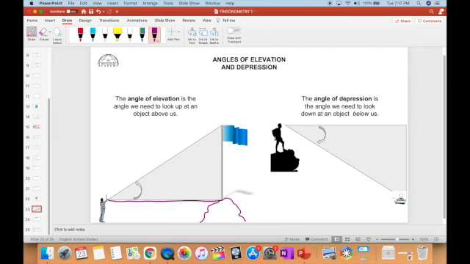So if this is your eye level here, and this is the eye level at the base of the flag, and then this is when you look up at the top of the flag, we have this angle here, and that is the angle of you looking up.